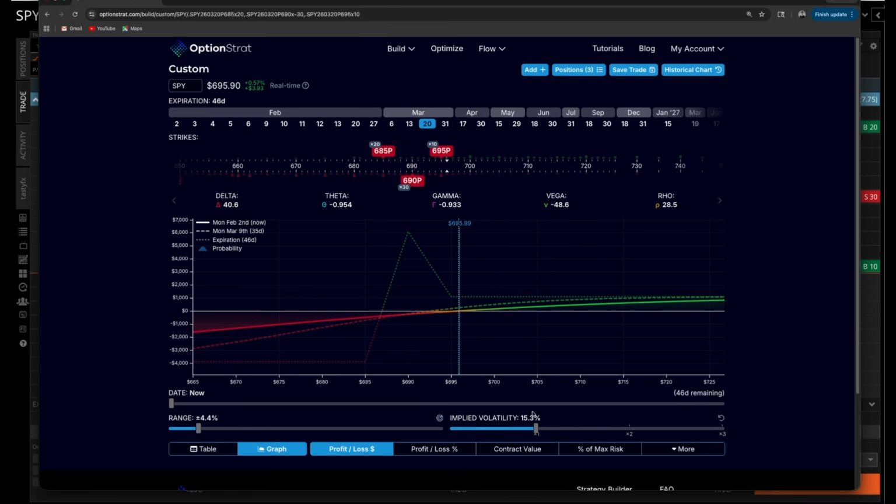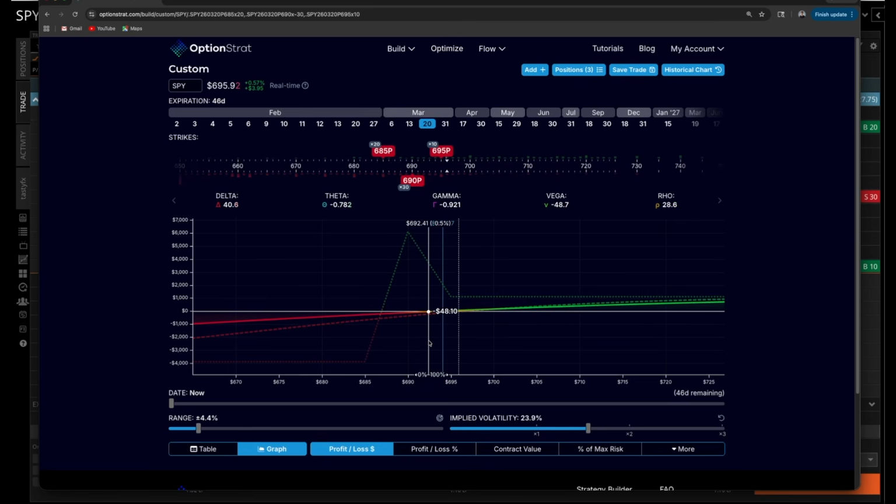And what's interesting is if we increase implied volatility and we increase that assumption, because we know that implied volatility typically goes up as the price of SPY goes down, the T plus zero line actually flattens a little bit. And so it's not that the structure doesn't become negative as far as a P&L goes, but it's fairly resilient.